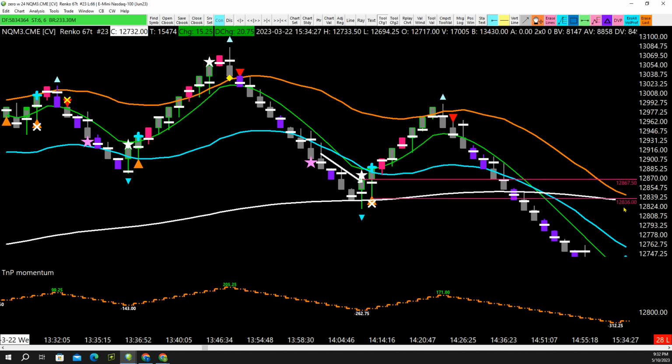So the low was 12,836.67 minus 30 is 37. Like I said, I put a 35 to 40 point stop on this. Usually 30 points keeps it, but who wants to get tagged for an extra tick or two? So add 5 points.